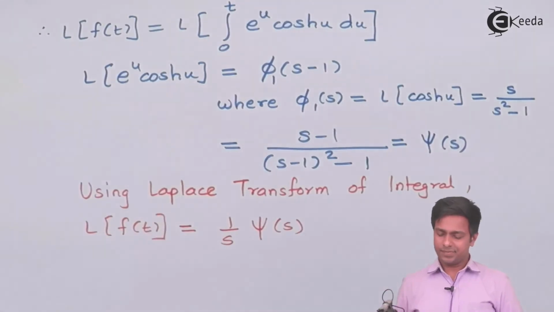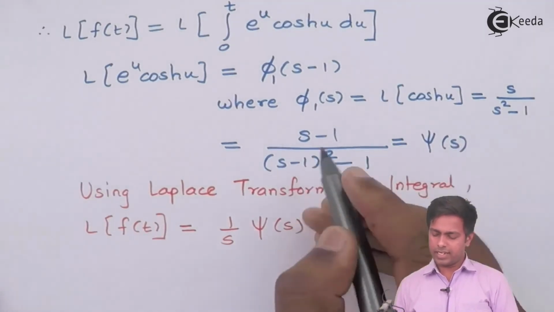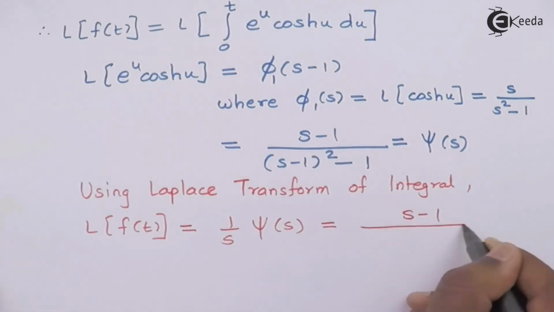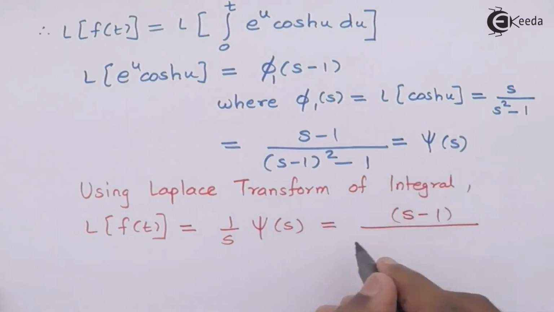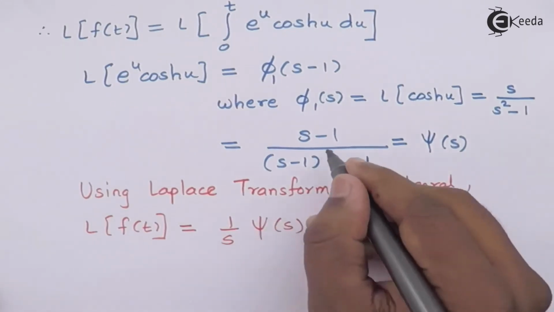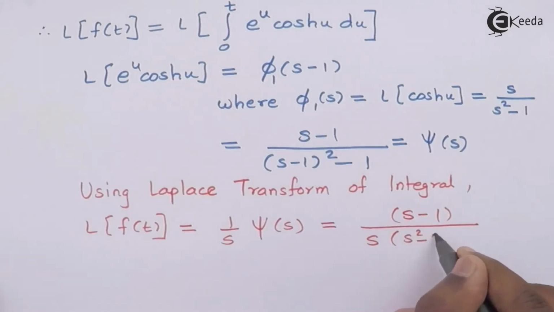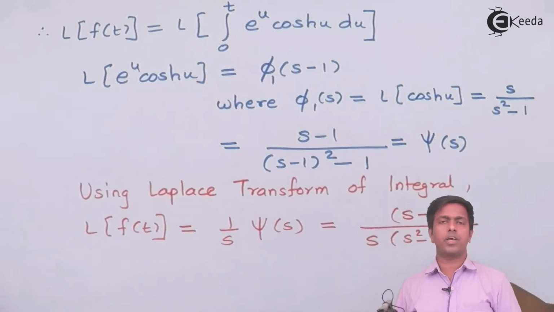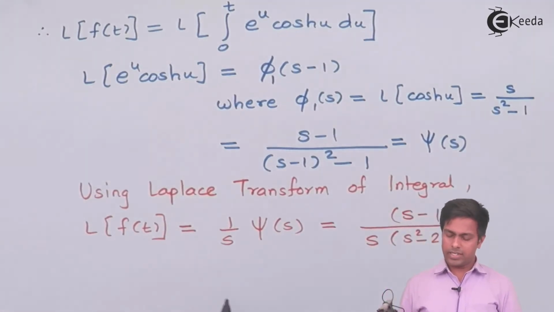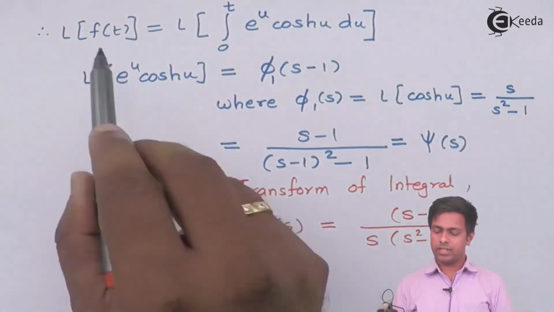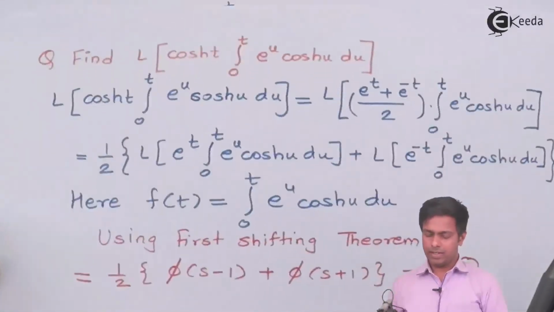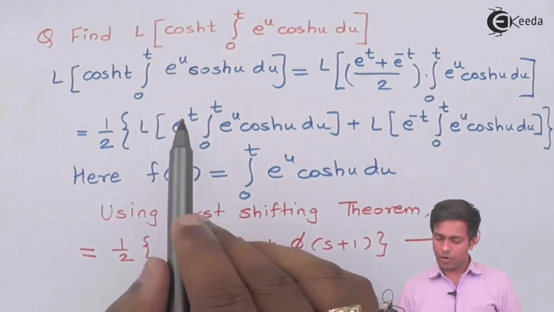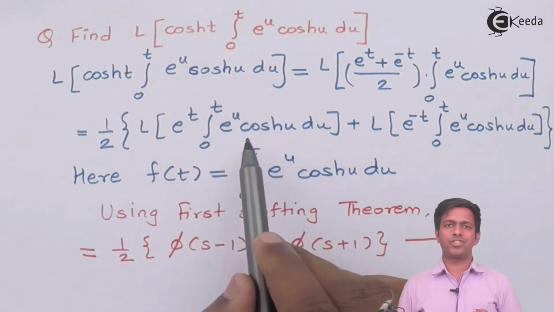So guys, here I got the value of psi of s like this. So here I'll put that value. It will be s minus 1 upon s as it is, and this is s square minus 2s plus 1 and again minus 1, so that will be s square minus 2s only. So guys, here I got Laplace of f of t, that is Laplace of this function, and as I said, this f of t we got from the first shifting theorem.